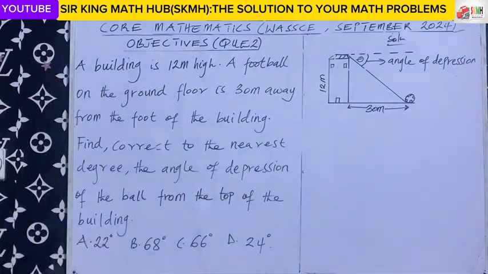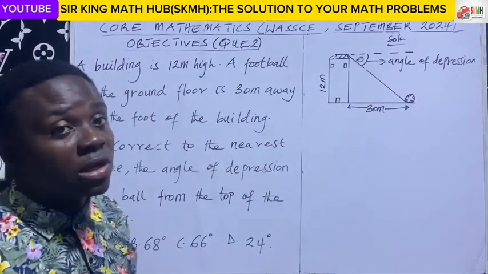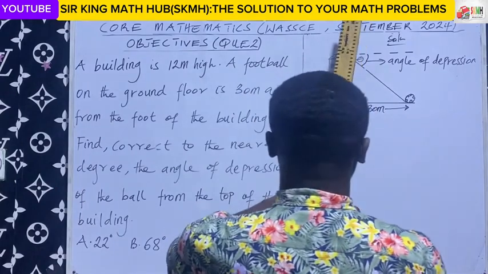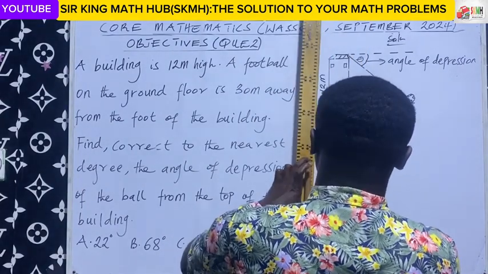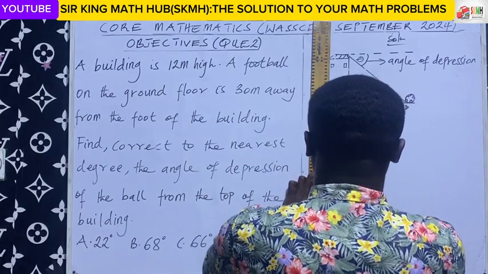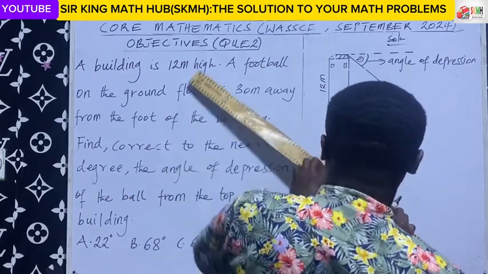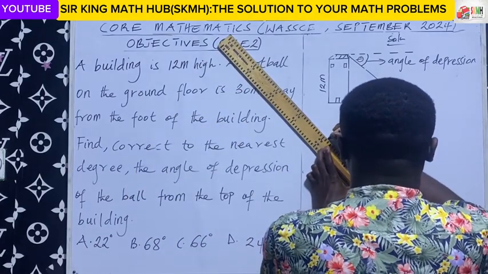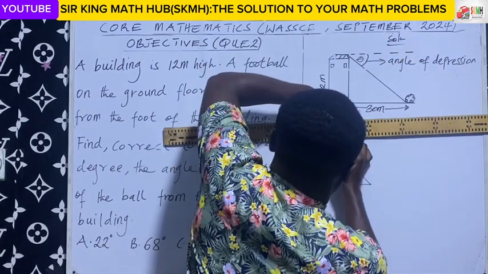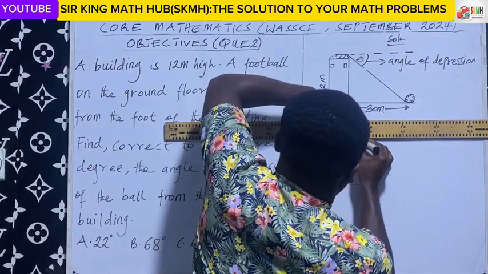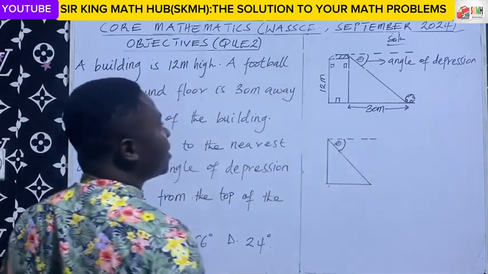Okay. So we have to look for this angle here. Now we can transform this diagram here into a right angle triangle. So let's do that. So there's our angle of depression, theta.